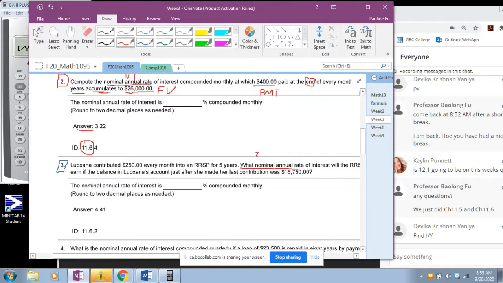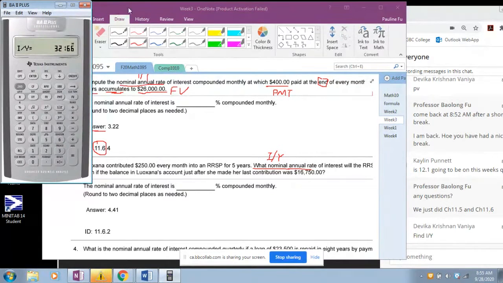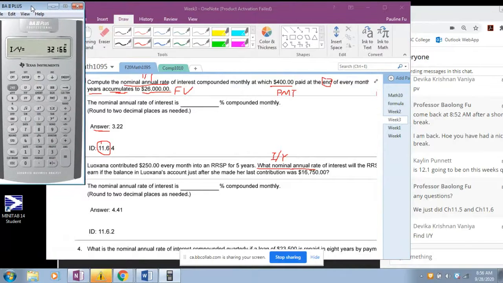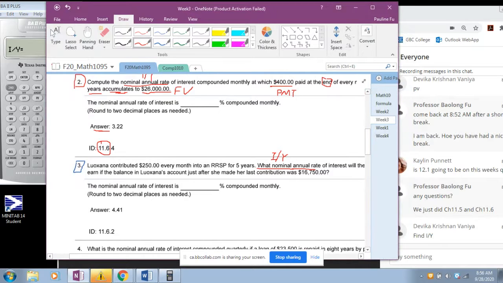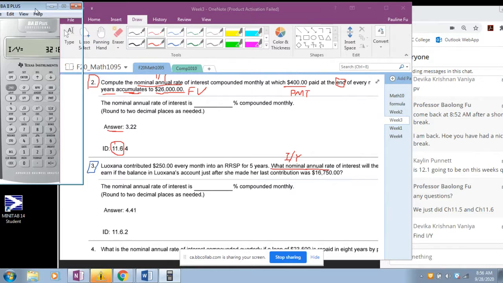Found IY, thank you, Davica. So how am I going to start to find IY? By the way, you can go ahead because I already gave you the answer: 4.41. If you can get 4.41, that would be great.